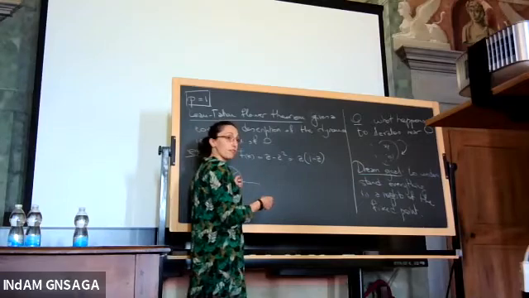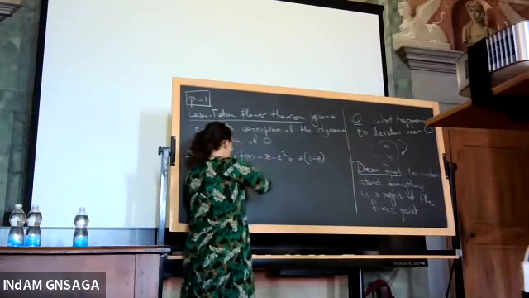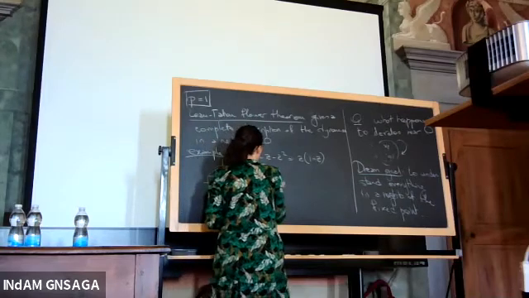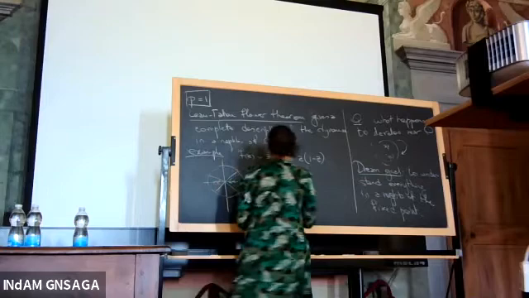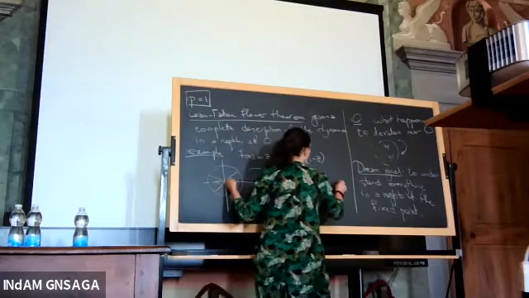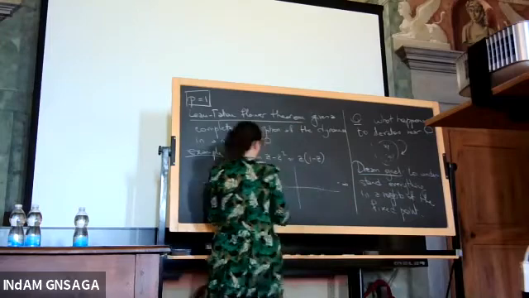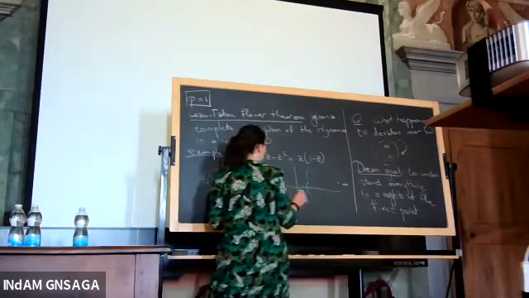Well, this is a little painful to do if you do it near the origin, but if you change coordinates to w equals 1 over z, then the origin goes to infinity.